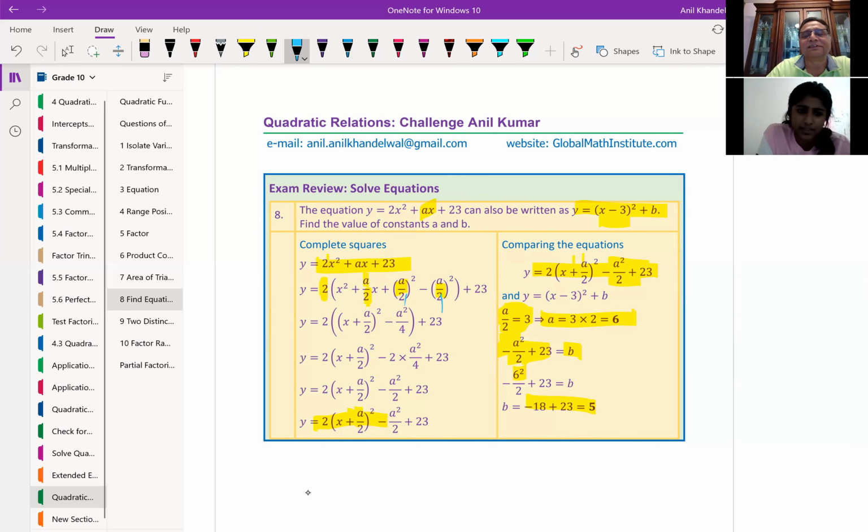Yes, you're right. So this solution is not quite right, because when we took 2 common and divided a by 2, we have to take half of that, so it becomes a over 4, correct? So this is wrong. It should be replaced by a over 4 whole square.